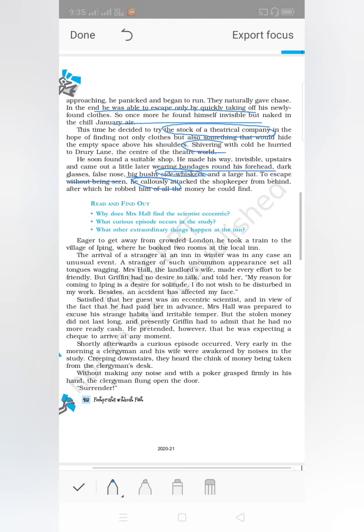He felt that London was too crowded and decided to go to a small village nearby. We easily noticed that Griffin the scientist had been taking advantage of his power. He was a genius.